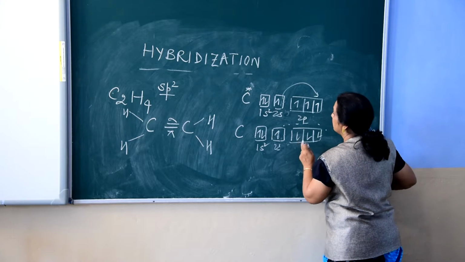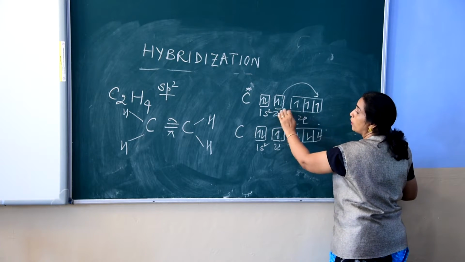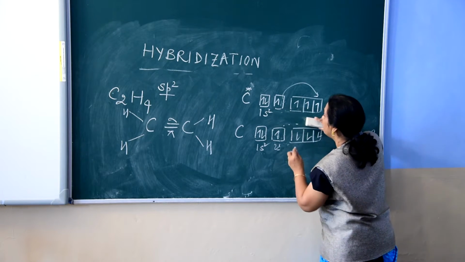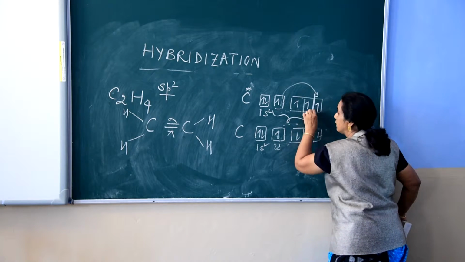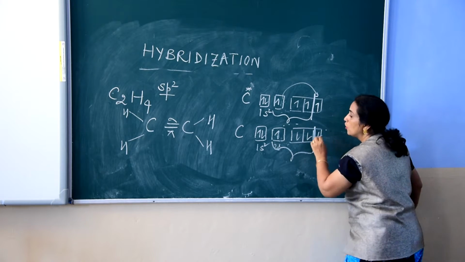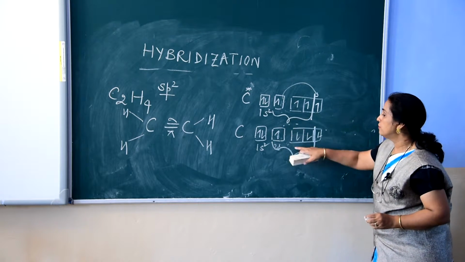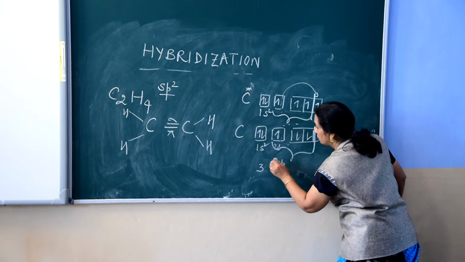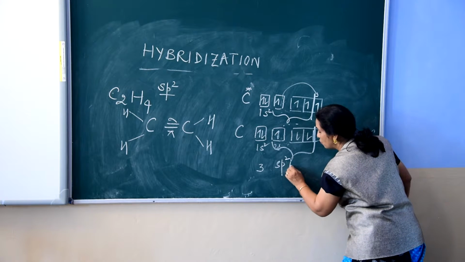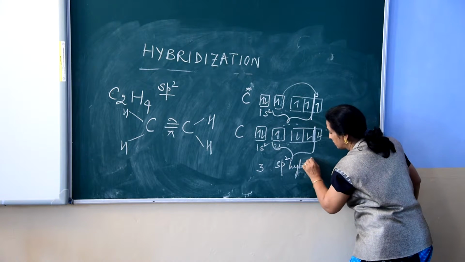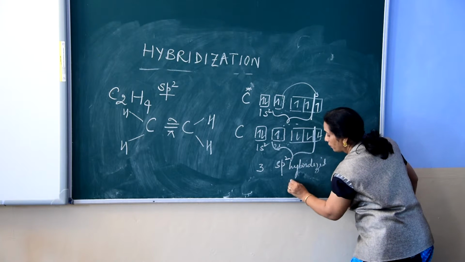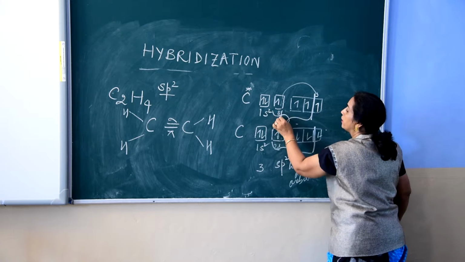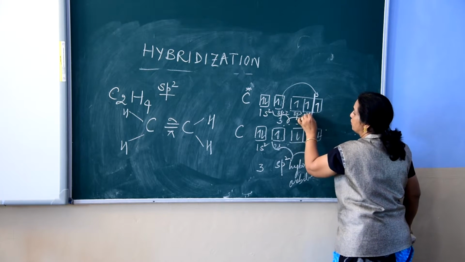So out of the 4 unpaired electrons, only the 2s and 2p orbitals will be involved in hybridization. In both cases, only 3 orbitals will be involved, forming 3 sp2 hybridized orbitals, sp2, sp2, sp2.